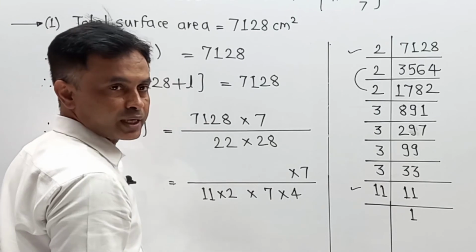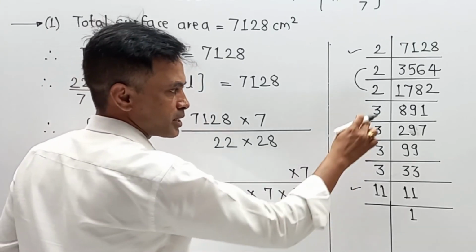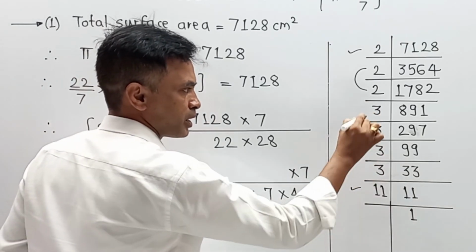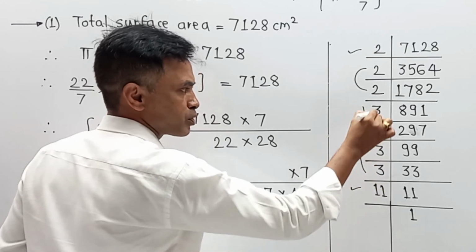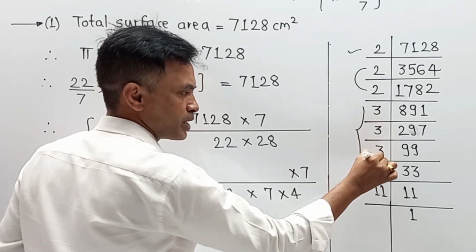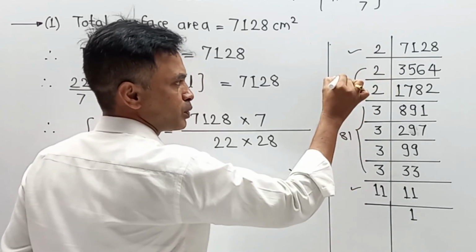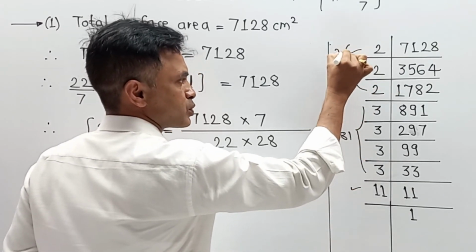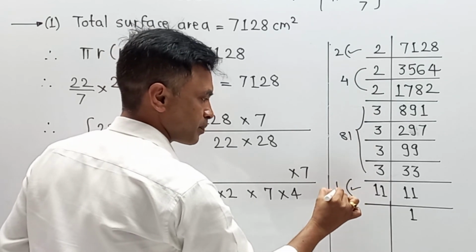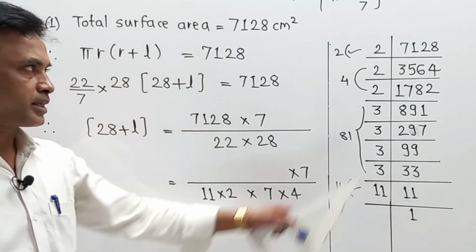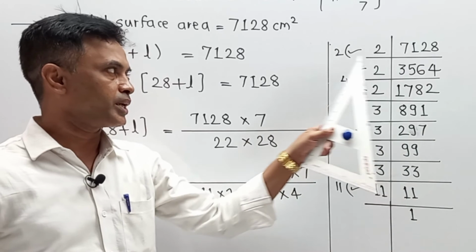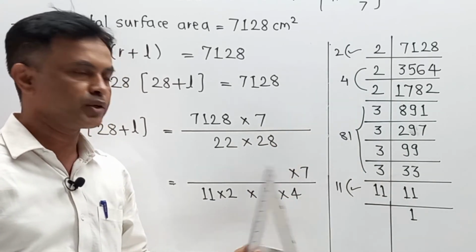The rest non-available numbers are 3 into 3 into 3 into 3. If I make the simple product of this group, 3 into 3 is 9, 9 into 3 is 27 and 27 into 3 is 81. This is 81, 2 into 2 is 4, this is a 2 and last is 11. Simply I can write 7128 as 2 into 4 into 81 into 11.